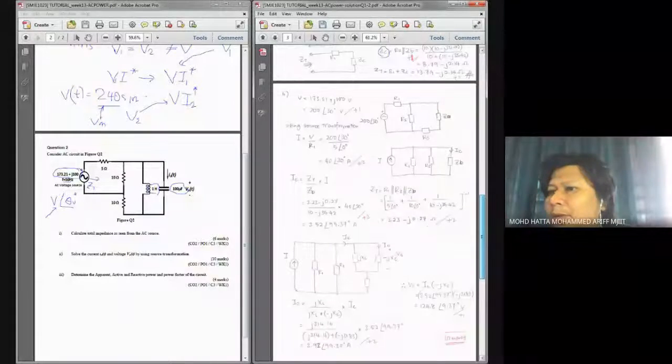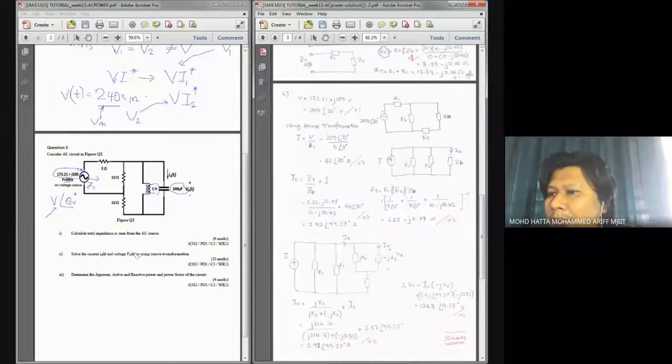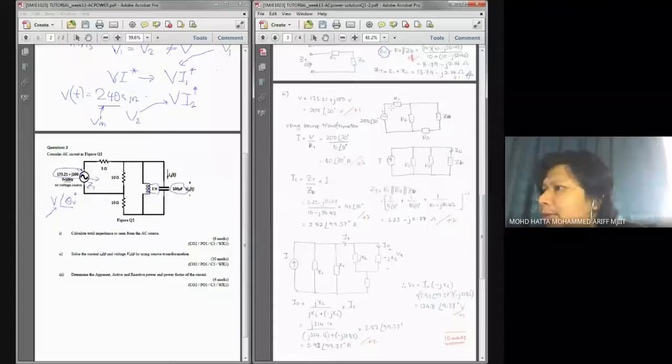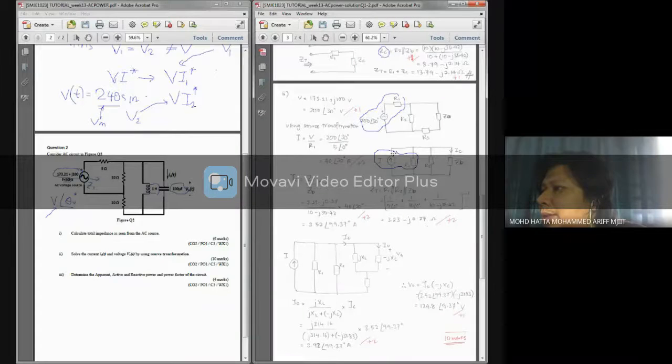And for the second part, we need to solve current IO and voltage VO using source transformation. This is quite tricky because if you look at the connection itself, we have a voltage source connected in series with R1, where this part we can transform into a current source in parallel with R1, or in parallel with our impedance.